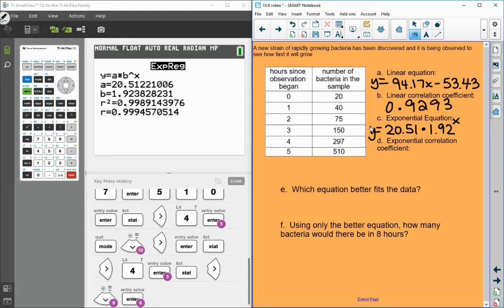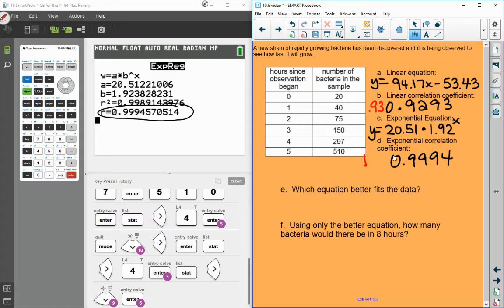That is an exponent x. My exponential correlation coefficient, once again, is r, and it is 0.9994. Now, if I needed to round that for an assignment, the linear one would round to 0.93, and this one is going to round to 1.